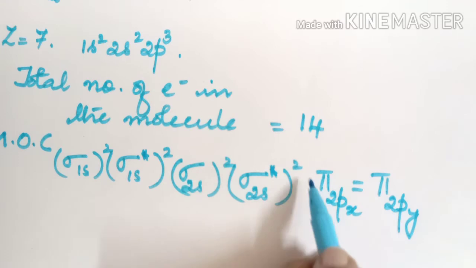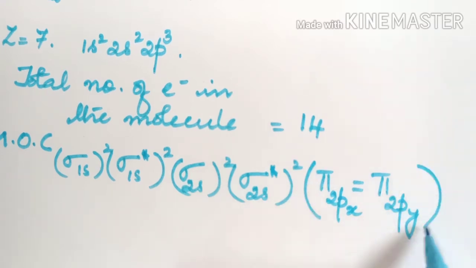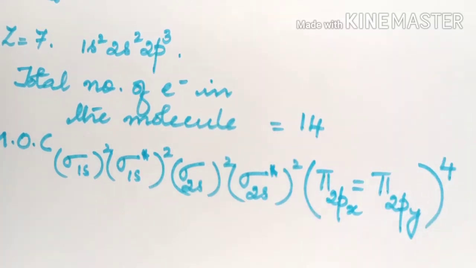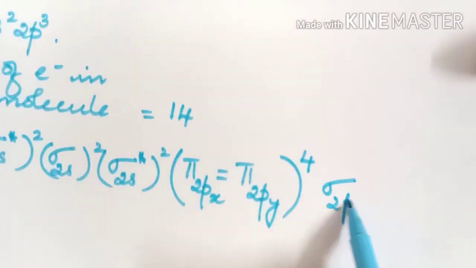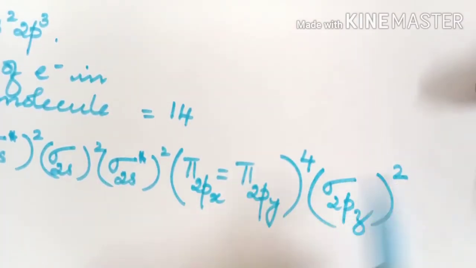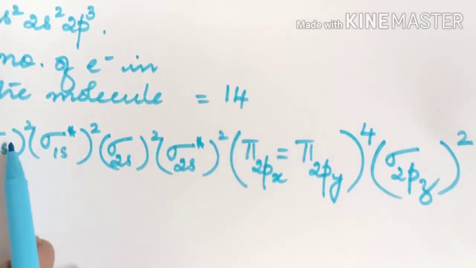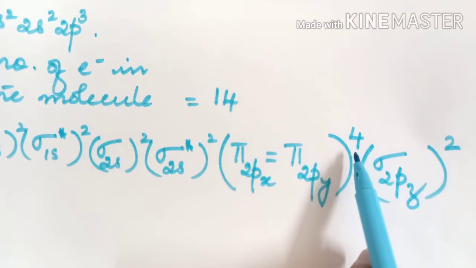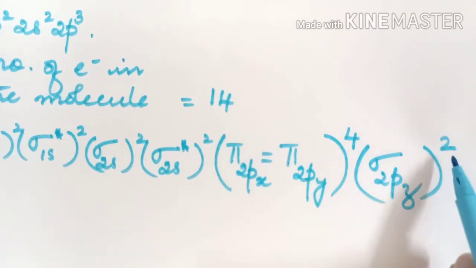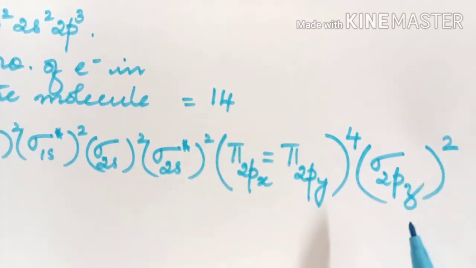Both are having the occupancy of 2, so a total of 4 electrons will be there, followed by sigma 2pz2. Hope it is clear. So we have 2 plus 2 plus 2 plus 2, 8 plus 4, that is 12 plus 2. Total 14 electrons are arranged.